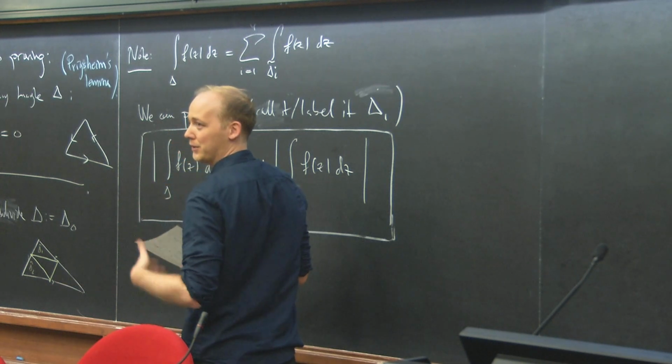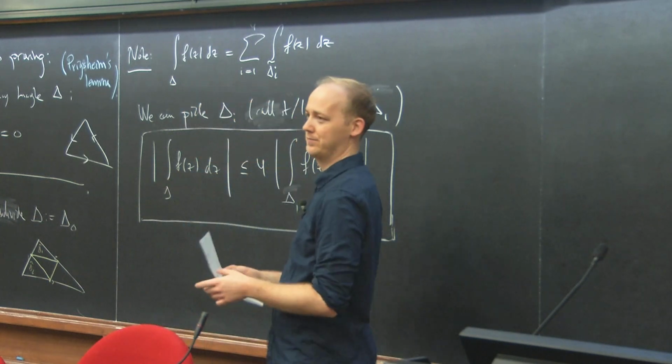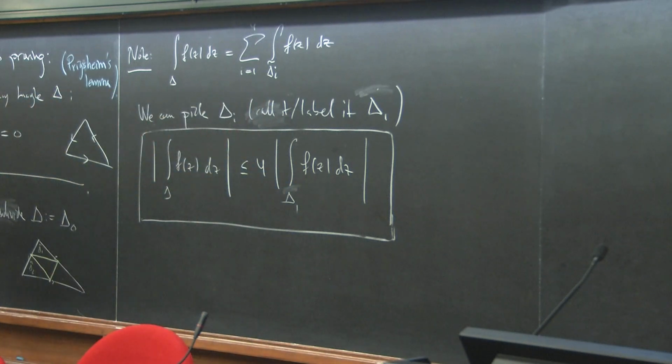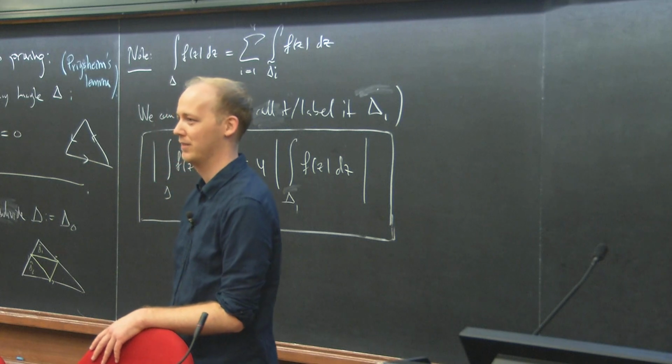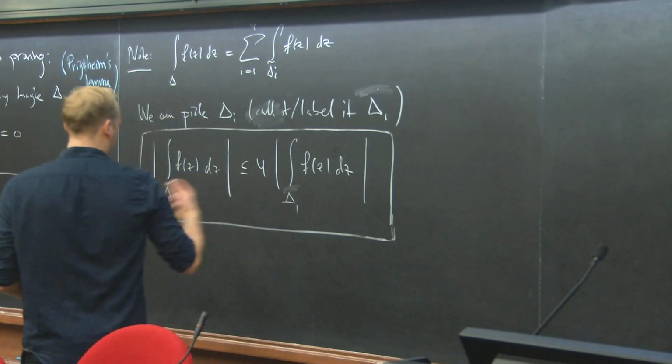Because if that's not true, then you cannot sum to something that's equal to this. It's like saying that if I have 4 numbers that sum to 1, and they are all between 0 and 1, then at least one of them has to be larger than or equal to 1/4.